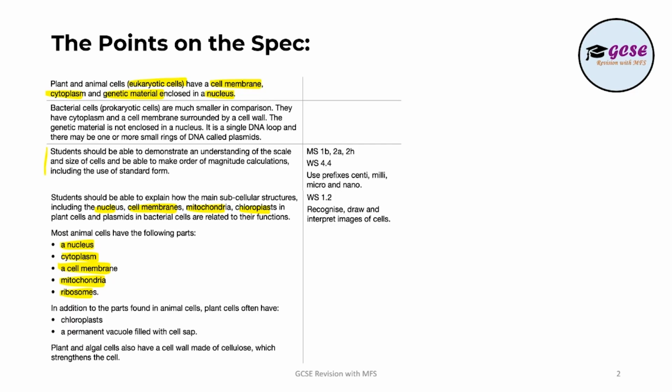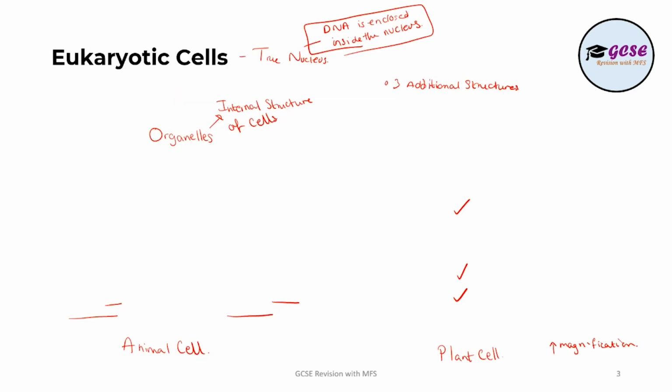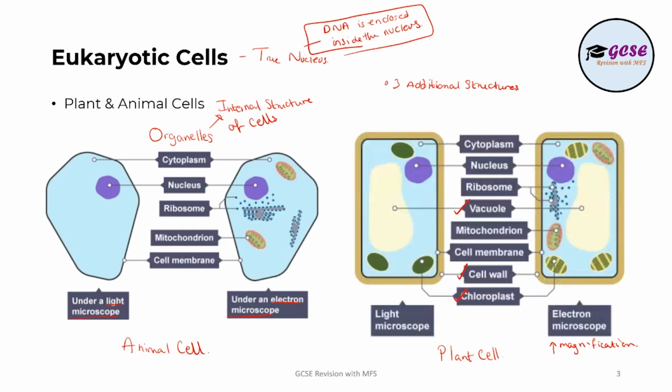And in plants, we looked at chloroplast and a vacuole. And plant cells have a cell wall made of cellulose, which strengthens the cell. We've also looked at that. So if we go back over here, you can see the structures where they're present from the diagram.